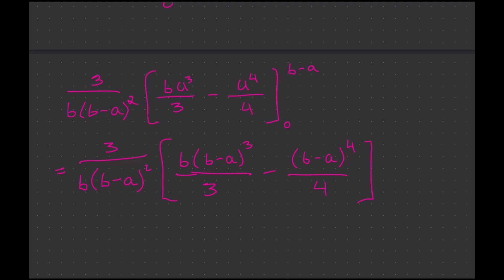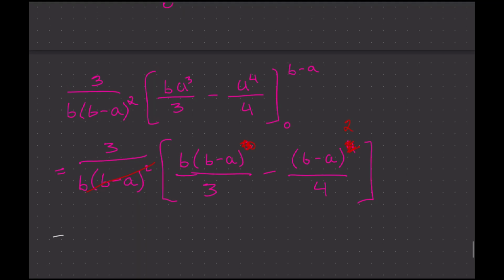Wait a second. We can cancel quite a few of these. Check this out. There's 2 of these b minus a's here. That cancels with all of these except one of them, and it cancels with all of these except this one. That's beautiful. Basically, factor out a b minus a term, and we cancel it with those. Okay, so can we do anything else?